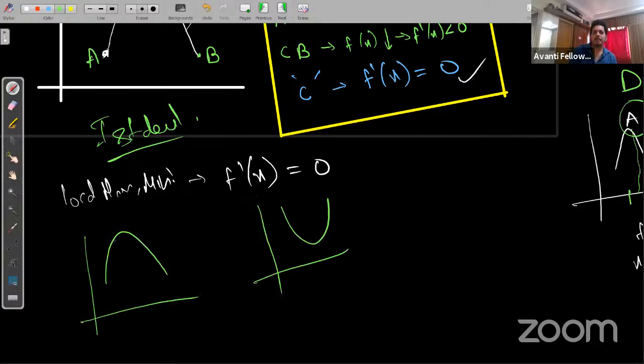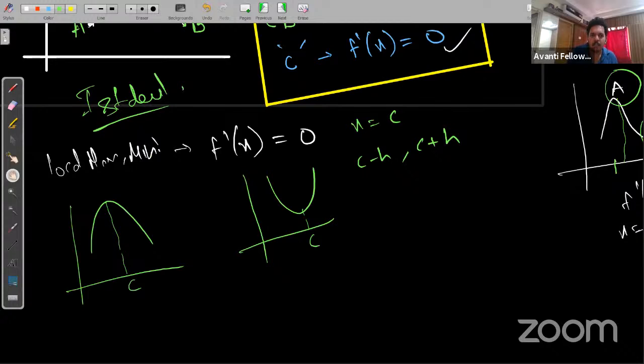You will get it at x equal to some point C. What you will do for the first derivative is take C minus H and C plus H, two points, before C and after C. If you find f dash of x, before point C, f dash of C minus H has to be greater than 0, and f dash of C plus H will be less than 0.